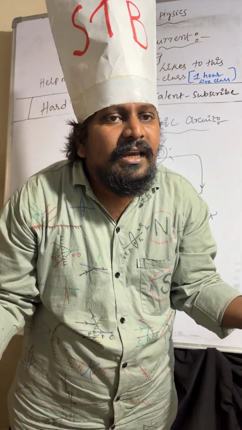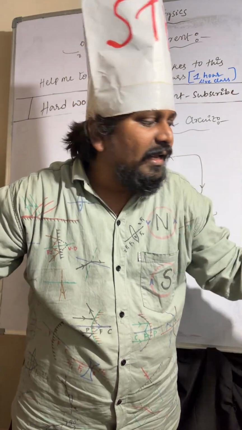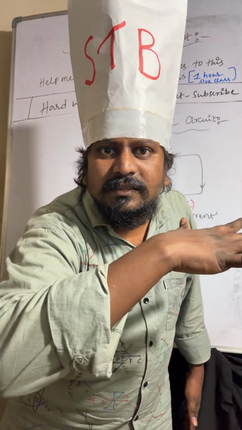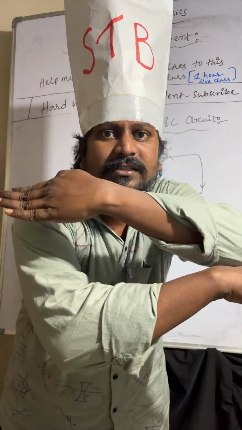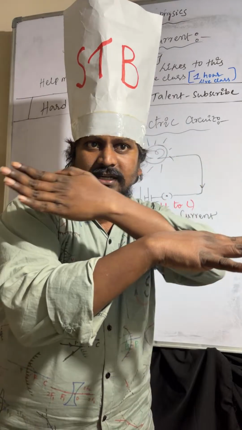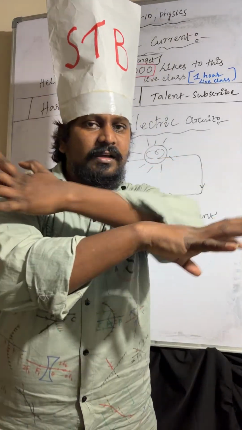Sir, why are you saying like this? Okay. In the magnetic effects of electric current, electrons move like this, but you have to take the current direction like this.